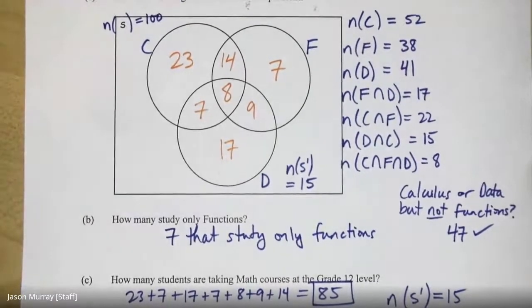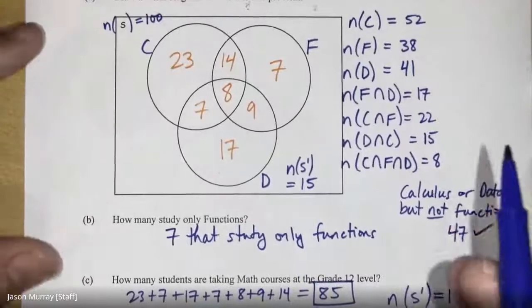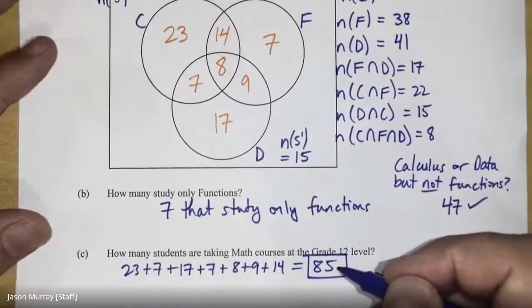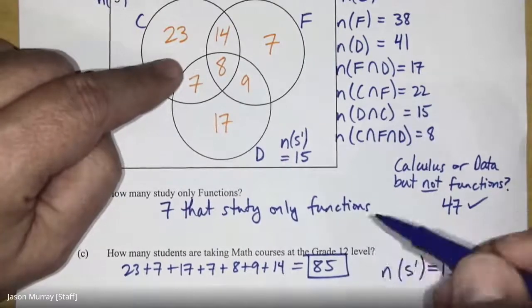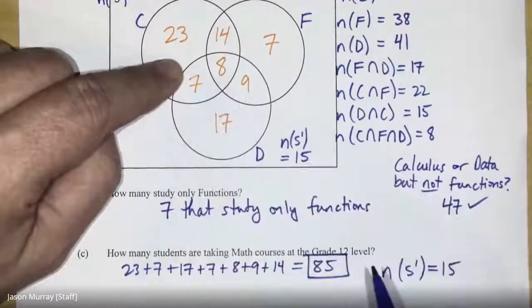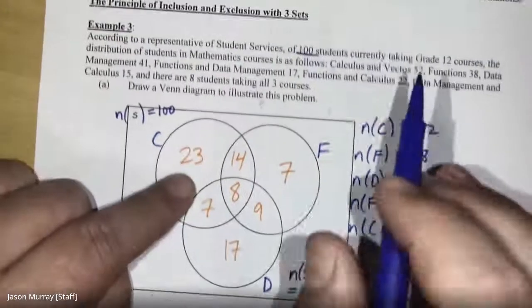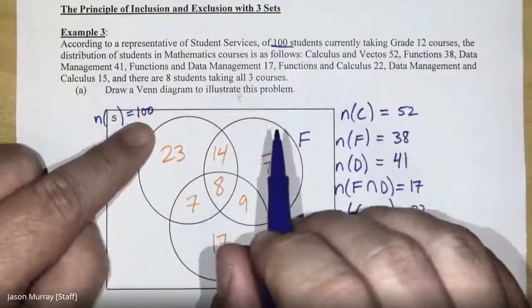Jerry, question or answer? It's a question. Okay, go for it. Where did you get 15 from? 15 comes from if there's 85 students accounted for inside these sets, then there's 85 students taking math at the grade 12 level. But up here, remember that's why we wrote the 100 up here? There's 100 students taking grade 12 courses.